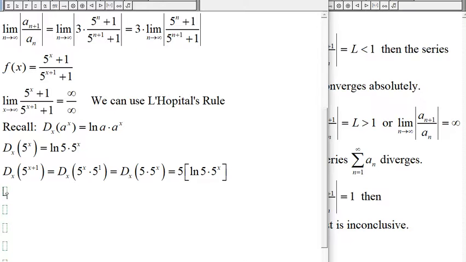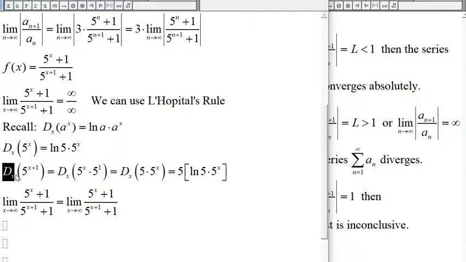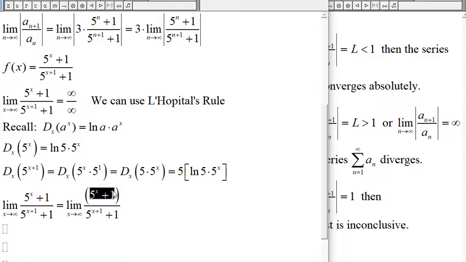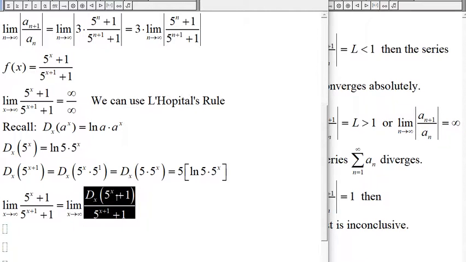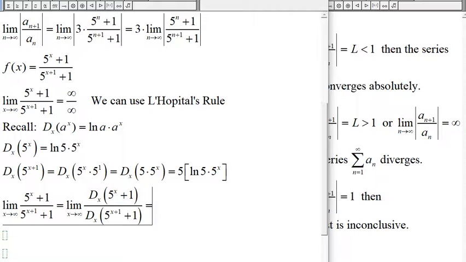And so now we can find the limit here. Once again, L'Hopital's rule says that we can take the derivative of this and then the derivative of that. The derivative of 5 to the x is just ln 5 times 5 to the x.